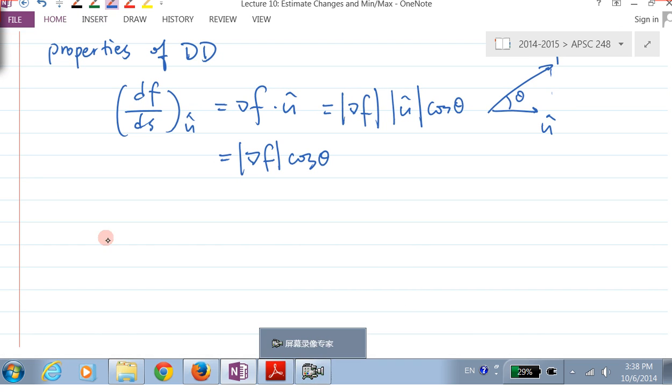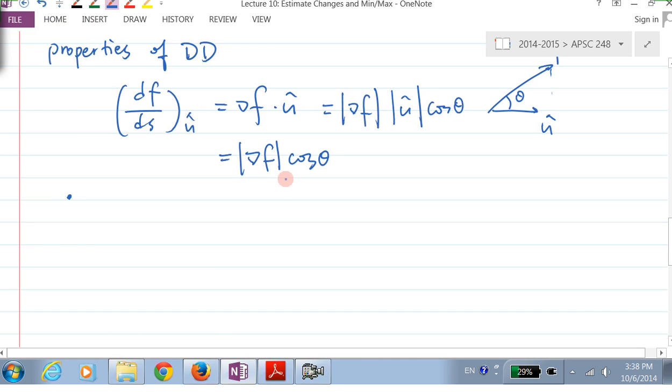Number one, if you look at this here, under what condition is this directional derivative a maximum value? Under what condition will you have the maximum value? Theta is 0, right?